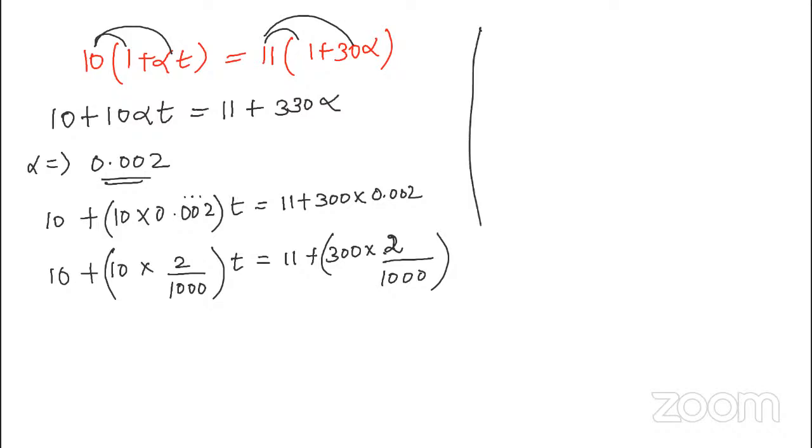Okay, so now what do we do with these values? We just cancel the terms. Okay, here what it is? 10 plus here 2 divided by 100, that is 0.02 into t.